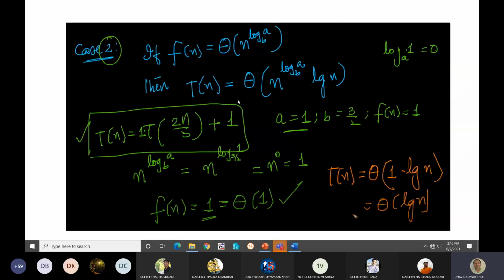First you try to understand that as well. It is a similar methodology. So first you have to find out the value of n raised to log a base b, then you try to compare it. And if you still don't understand, we'll cover these topics in more detail in the next session.